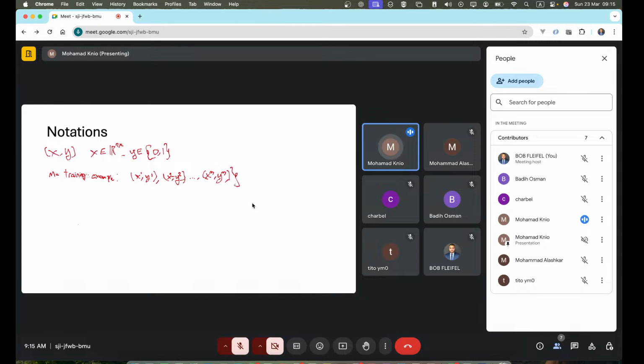And so basically, we have the training examples by the length of m. And we can also say that we have something called mtrain, which denotes the training examples. And you have something called mtest, which is the number of test examples.